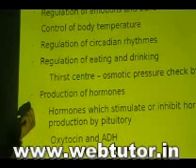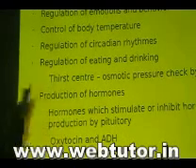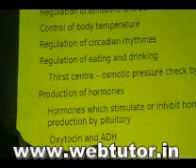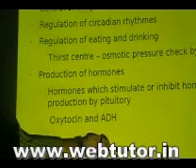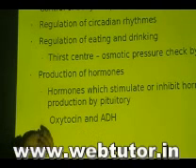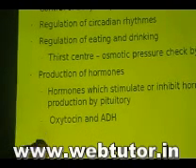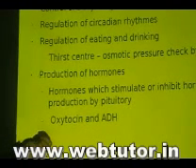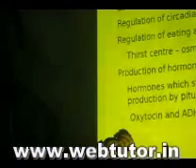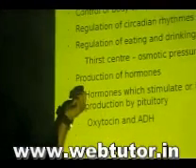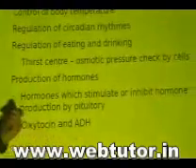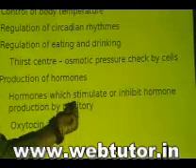Another important function of your hypothalamus is the production of two important hormones, oxytocin and antidiuretic hormone. We have seen the functions of antidiuretic hormone in excretion. Oxytocin we have also seen is related to discharge of milk and parturition in females. Apart from these two important hormones, it also secretes hormones which in turn stimulate the pituitary to secrete hormones.